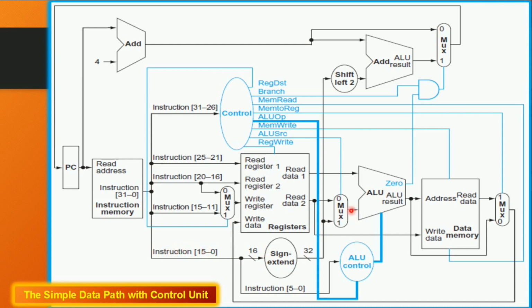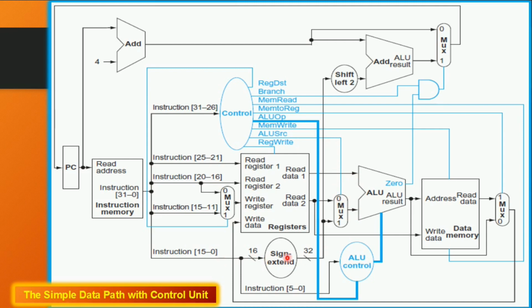If I want to choose the second source of the ALU as a register, then at that time I have to deassert the ALU source. If I want to choose the second operand for the ALU as an immediate value, I have to assert the ALU source. For example, if I am going to do an immediate operation, I have to add the content of a register with an immediate value. At that time I will be asserting the ALU source.